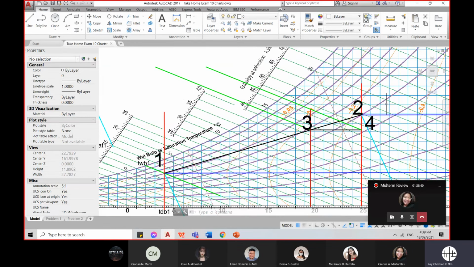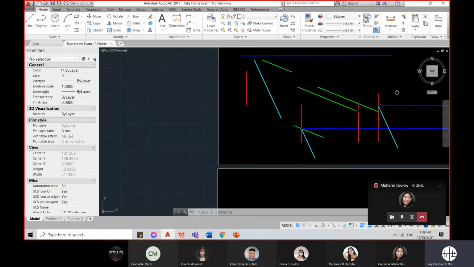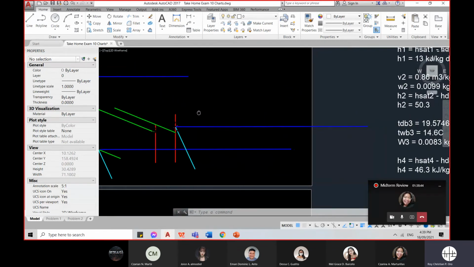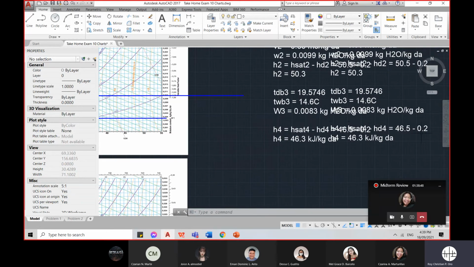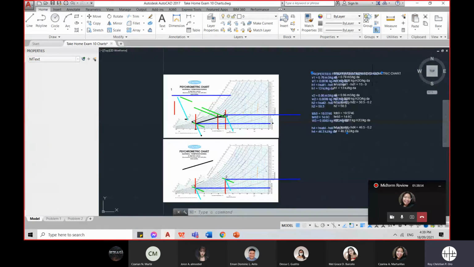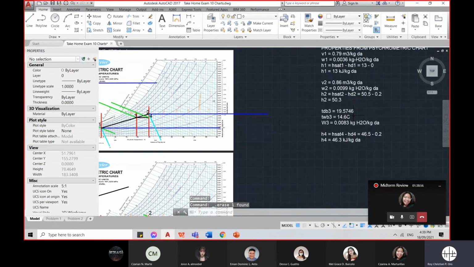So that's 46.5 minus 0.2, giving 46.3 kilojoules per kilogram of dry air.